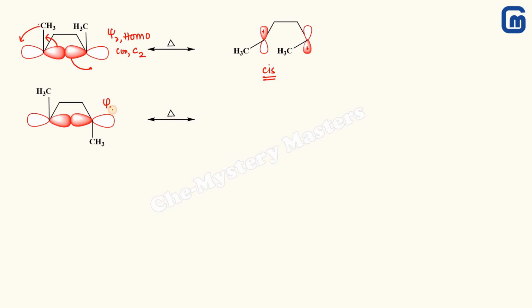In thermal condition, psi 2 is our HOMO and C2 is the symmetry which should be there in the product. You can see here the C2 is the symmetry present here. So in this case, when it is moving in this direction, this red lobe will go up, and when it is moving in this direction, you can see that this lobe is going towards the downside.